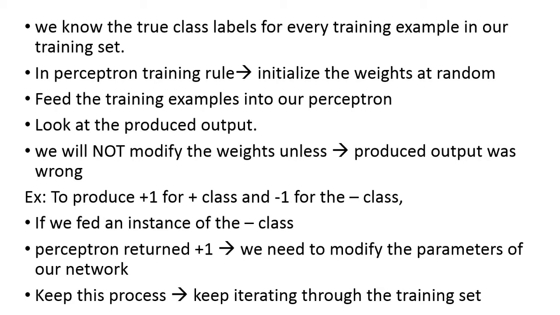As a result, in the perceptron training rule, we would initialize the weights at random and then feed the training examples into our perceptron and look at the produced output, which can be either +1 or -1, or interpreted as positive class or negative class.